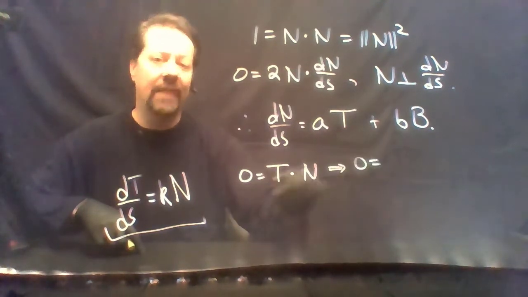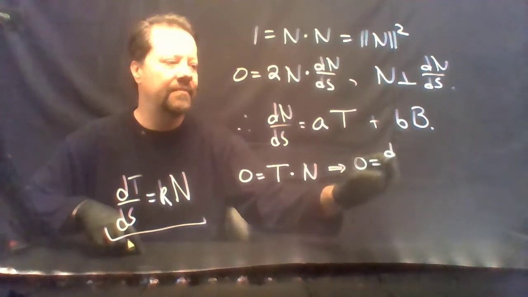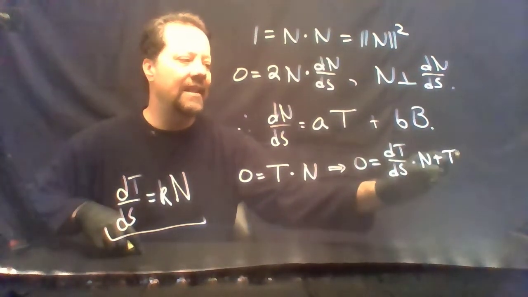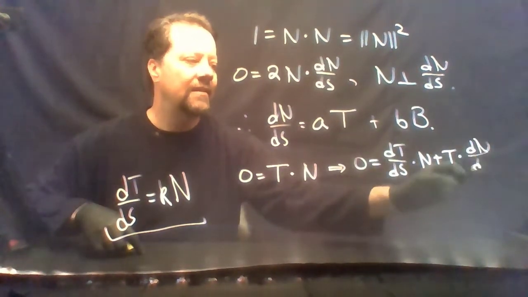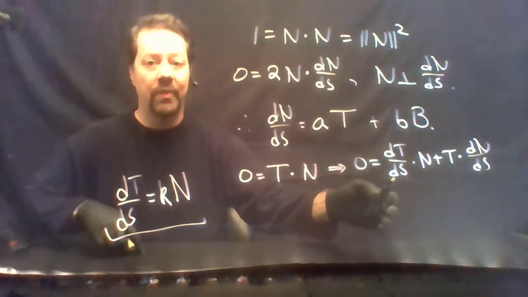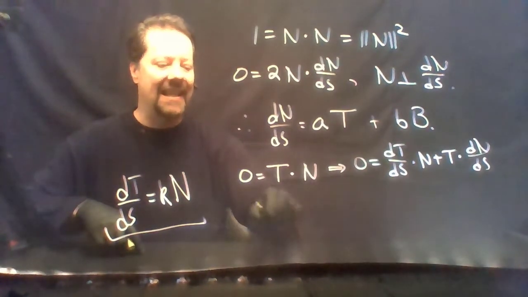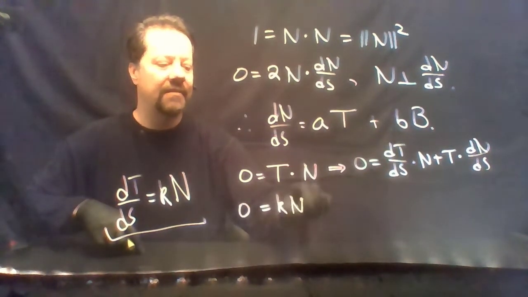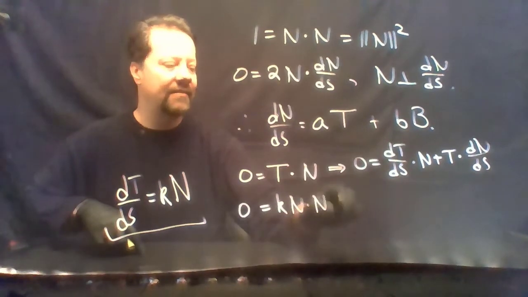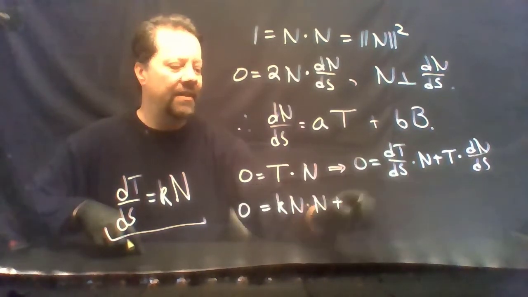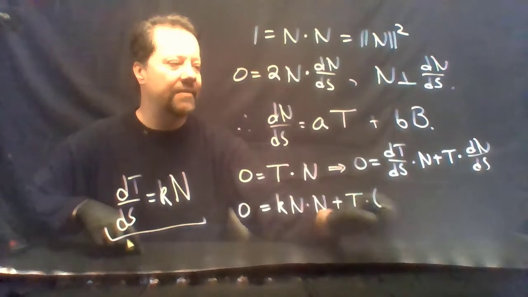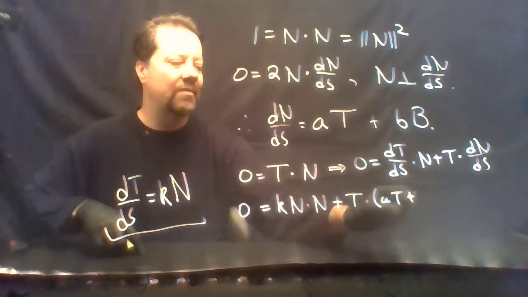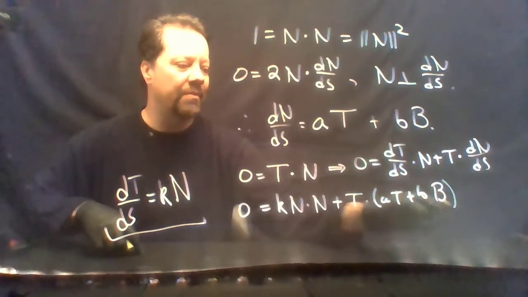On the right-hand side, we have to use a Leibniz rule. dT ds dot N plus T dot dN ds. We already know that dT ds is the curvature times N, and we're dotting that with N. Here we have T dotted with dN ds, and we know that is a T plus b times the binormal B.